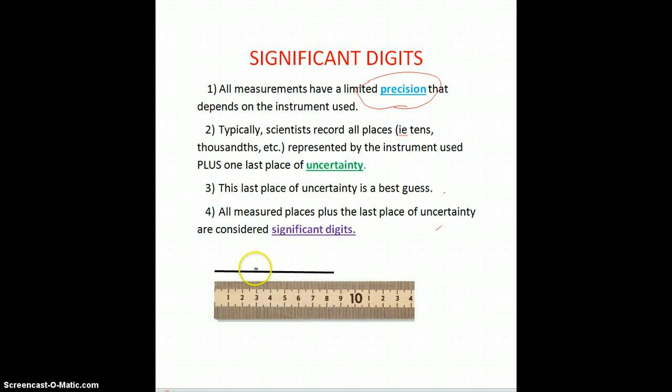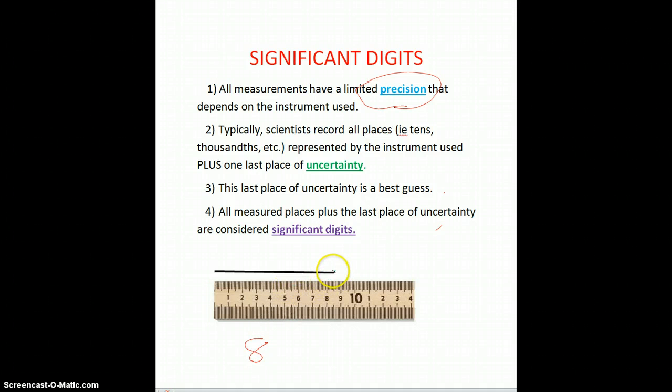Now, if I'm going to measure an object, say this line right here, using this device, and I line it up, well, I write down and record all places of which I am certain. Now, this line I am certain is in between 8 and 9 centimeters long, so I would record the 8 for how many centimeters long it is.